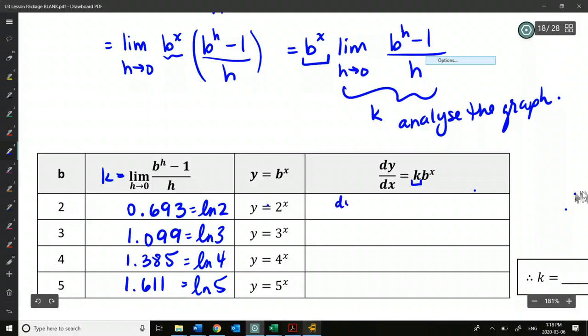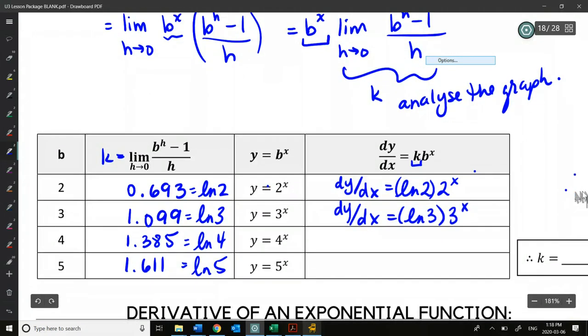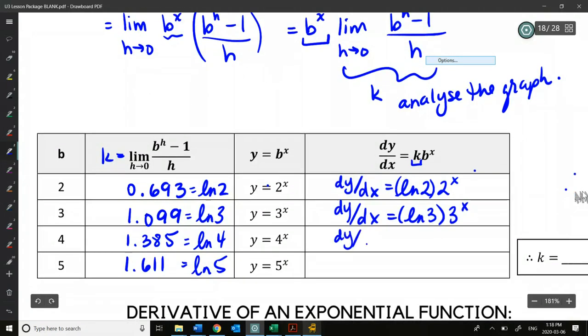Ln of b, yep. So dy over dx for 2 to the x is going to be equal to ln 2 times 2 to the x. And then dy over dx for 3 to the x is going to be ln 3 times 3 to the x, and so on.